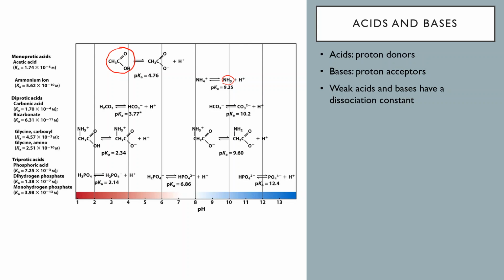But again, the idea of pKa only really has meaning in the context of weak acids. If you have a very strong acid like hydrochloric acid, the reaction would be HCl dissociates into H plus and chloride. But the reality is this reverse reaction is not going to happen very much.